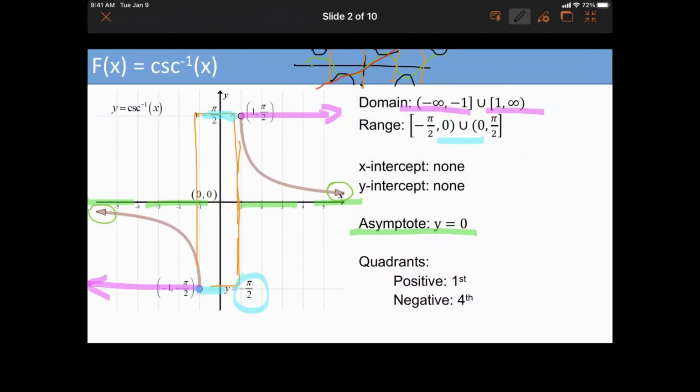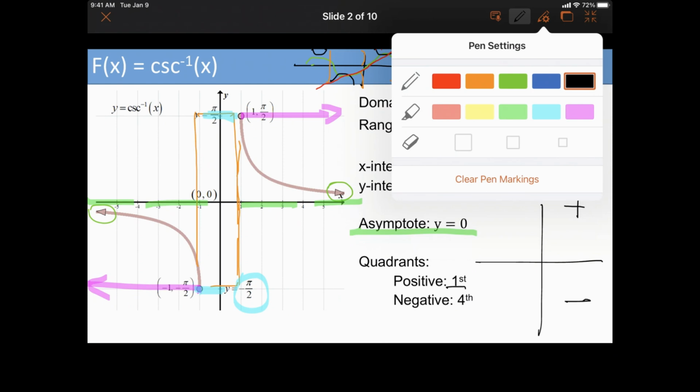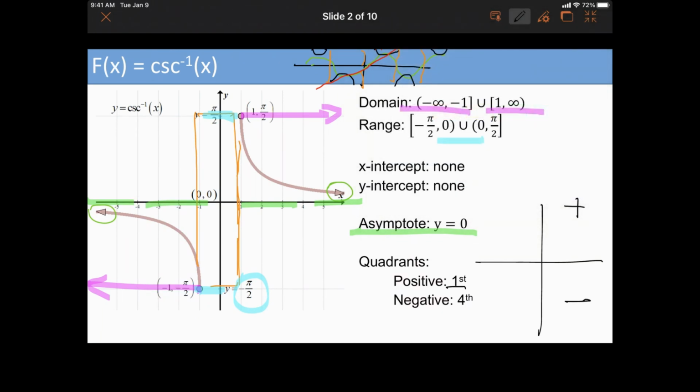So when we're talking about finding the solution of that, which is going to be an angle, similar to its reciprocal function, inverse sine: positive in the first quadrant, negative in the fourth quadrant, and we can see that. Here's my fourth quadrant, negative pi over 2 to 0.